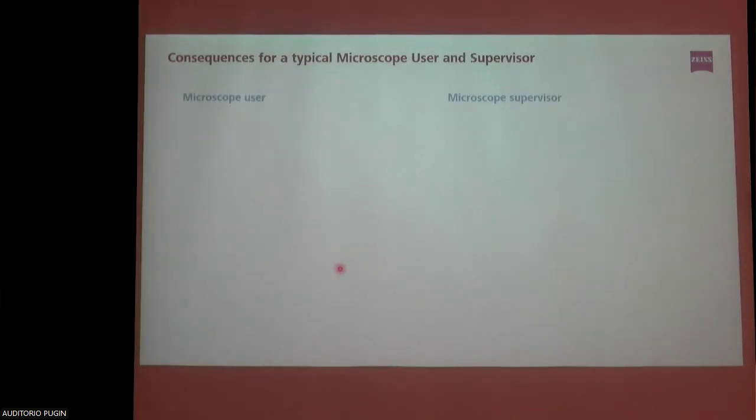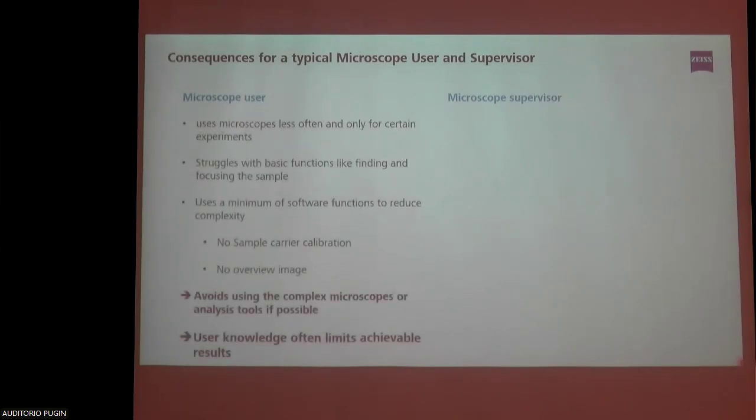So when we now go back to microscopy and translate all of what I just told you to the pain points that microscopy users, but also microscopy supervisors and lab technicians, have: for a microscopy user, I told you it's a very complex environment.